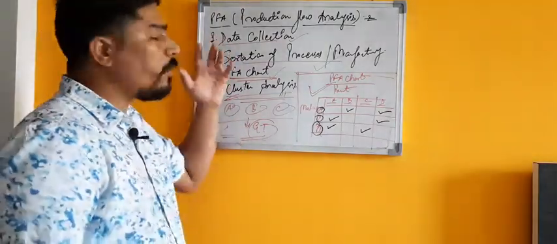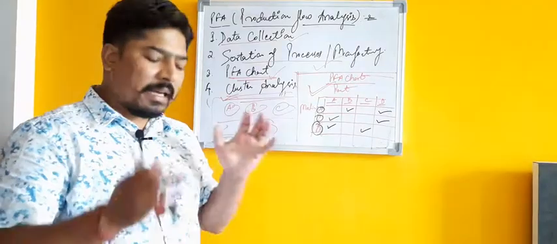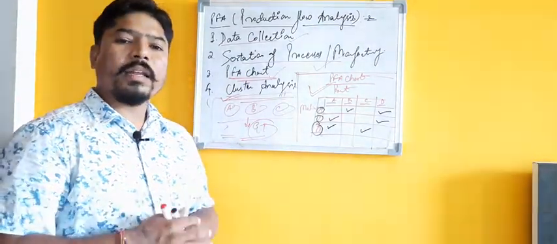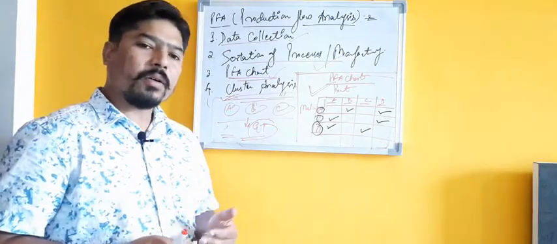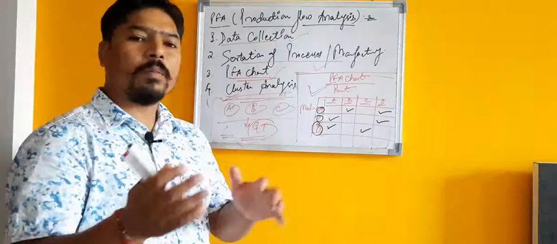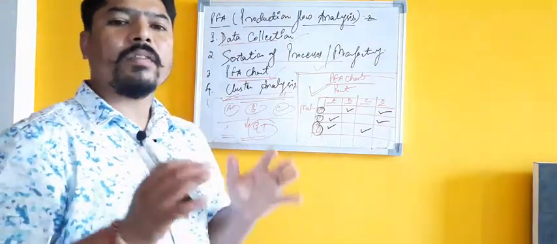So it's all about production flow analysis in any production system, and how it is useful in identifying parts, creating part families, or developing a group technology concept in your plant or factory system.